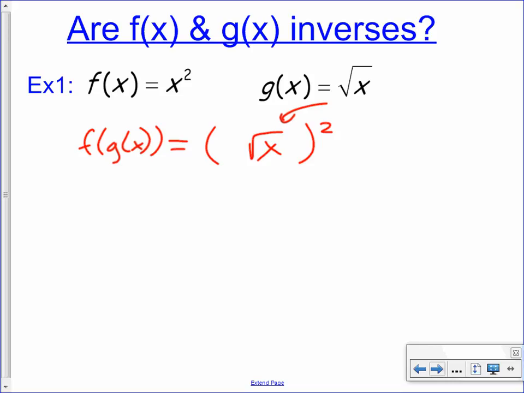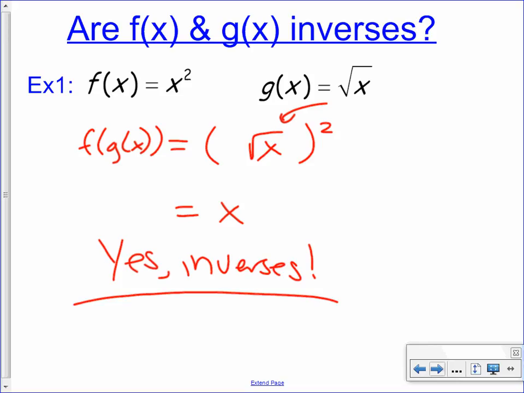X. And if the answer is just x, yes or no? Yes. So the answer is yes. Inverses. Well, that's your basic inverse. You could also take f, find the inverse, and see if that's g. But this is the direct route to get there.